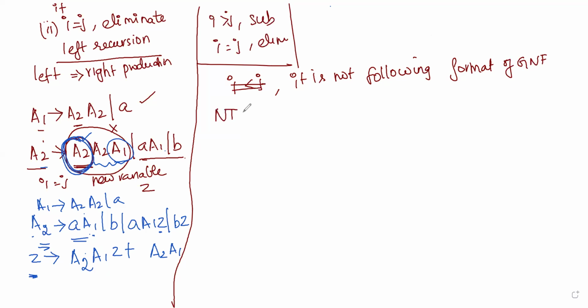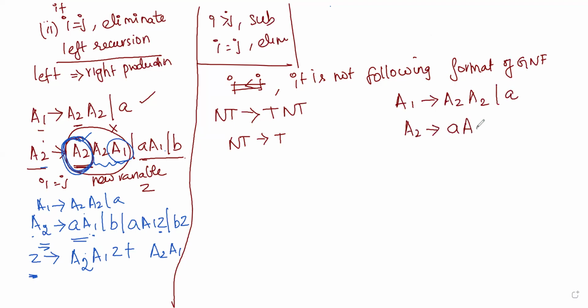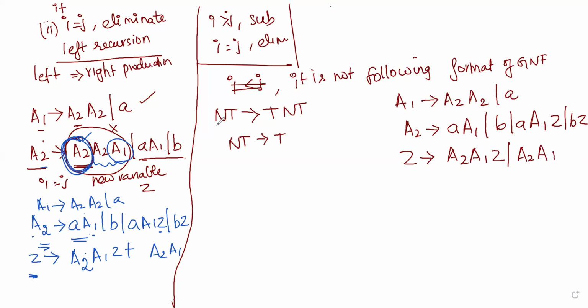That is, your non-terminal should give you a terminal followed by non-terminals, or a non-terminal should give you only a terminal. So here A1 gives A2 A2 and A. A2 gives A1, B, A1Z and BZ, and finally Z gives A2A1Z and A2A1. Check whether it is in these two formats.